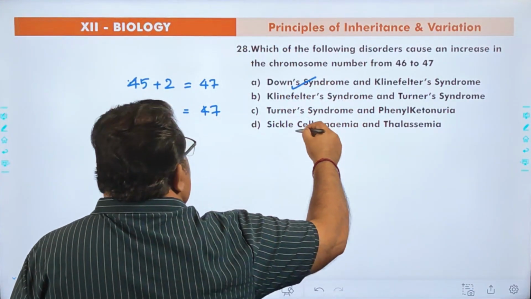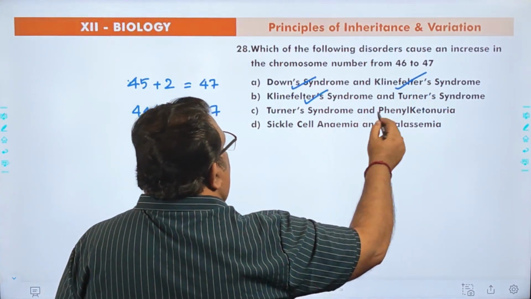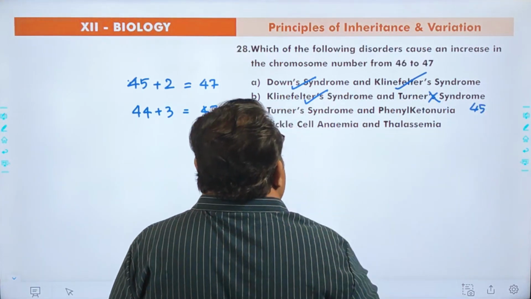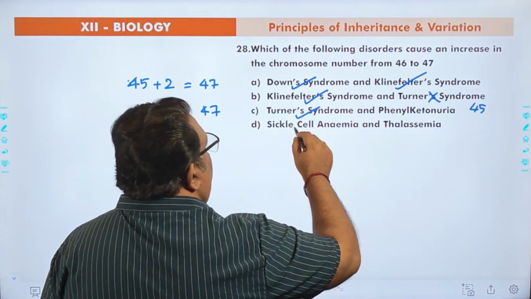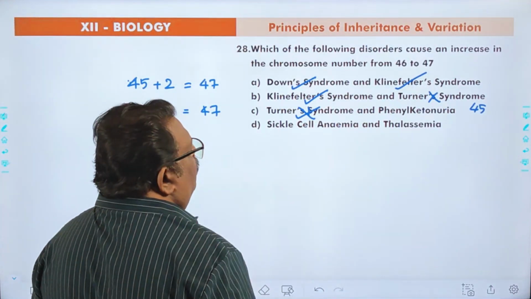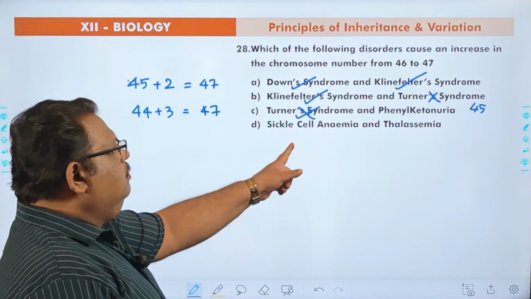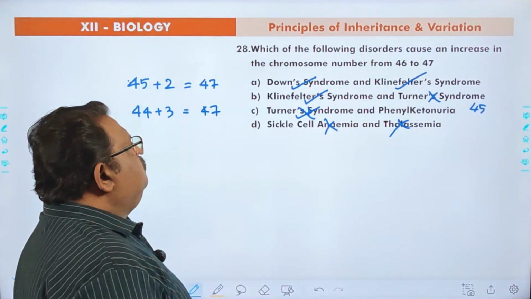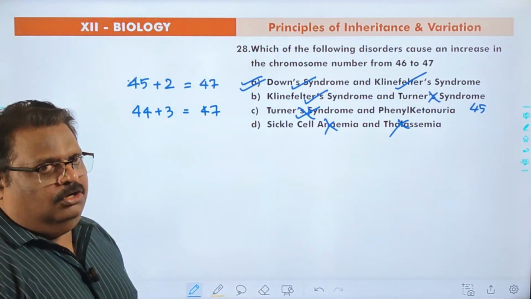Turner syndrome is 45, so it is not possible. Sickle cell anemia and thalassemia are not chromosomal disorders, they are Mendelian disorders. There is no change in the number of chromosomes. So the answer is A, Down syndrome 47, Klinefelter syndrome 47.